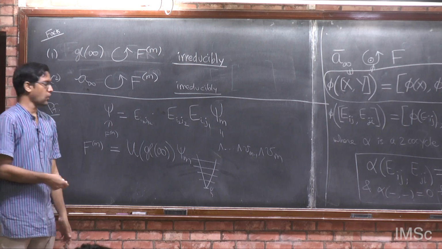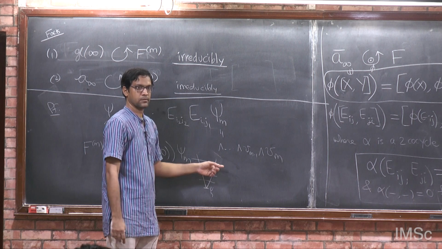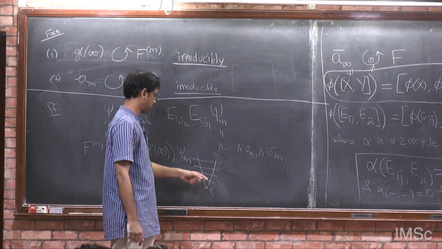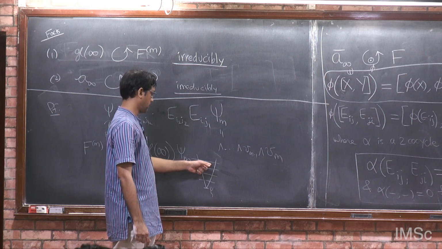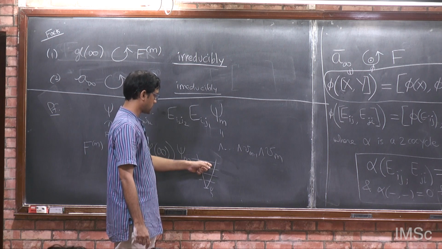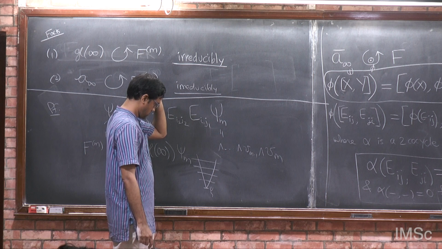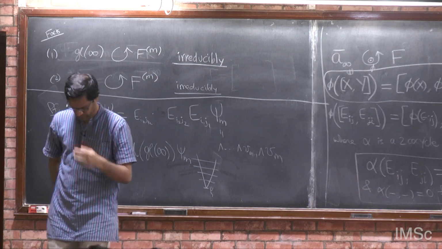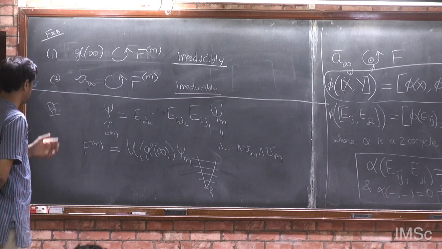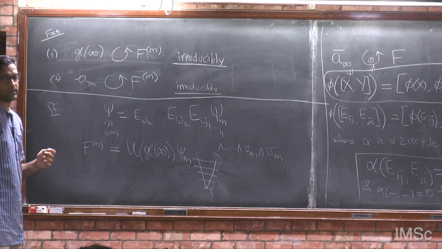If they lived in the same grade, it's a graded space. So the point is I can reach psi m. Sorry, how do I argue this? It's a cyclic module, that's fine.